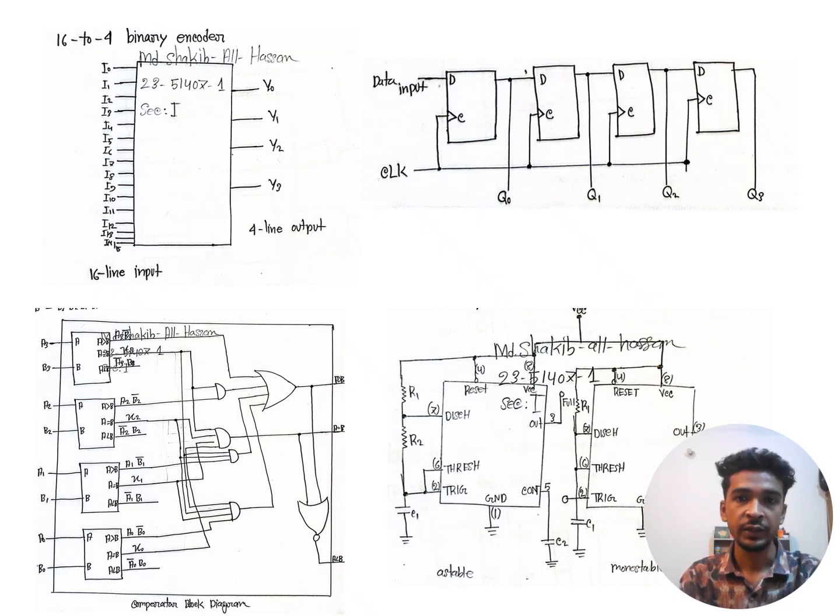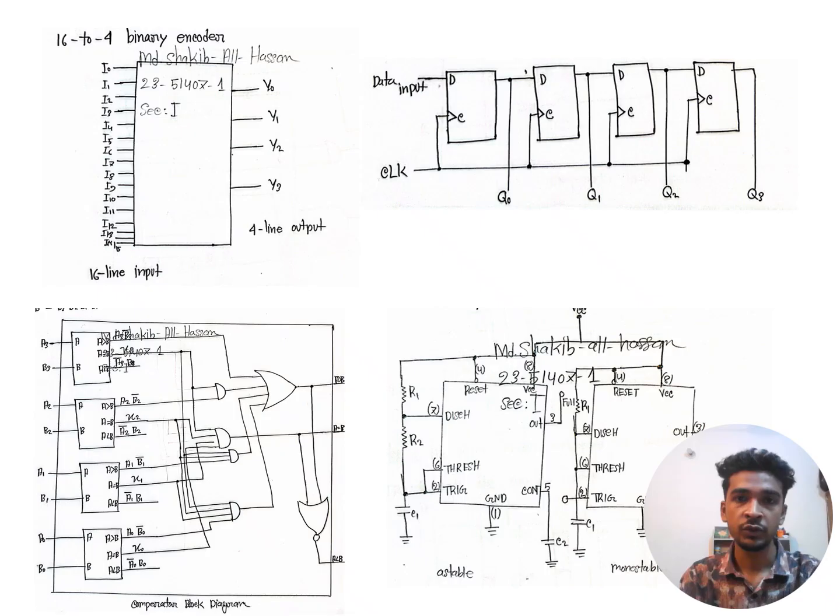Then we use a 555 timer. The 555 timer has two modes, astable mode and monostable mode. Astable is used in timer circuit 1 because it generates a continuous sequence of clock pulses without any external trigger. It has no stable state and keeps oscillating between high and low state automatically.